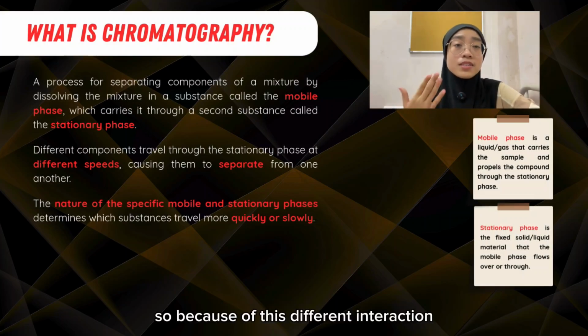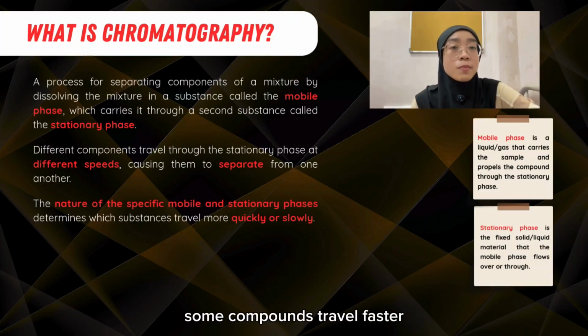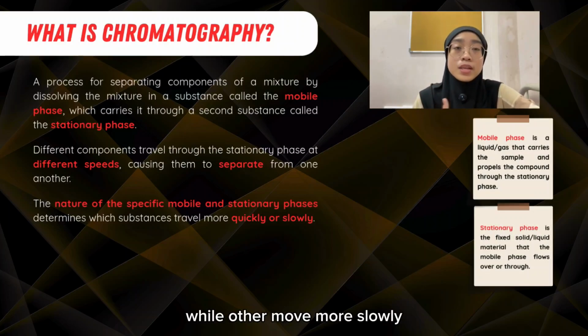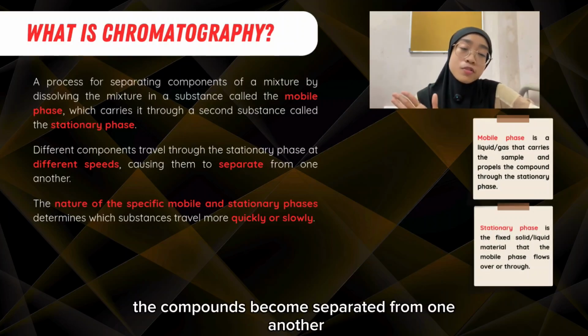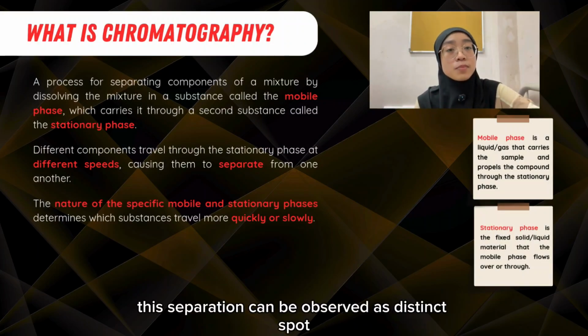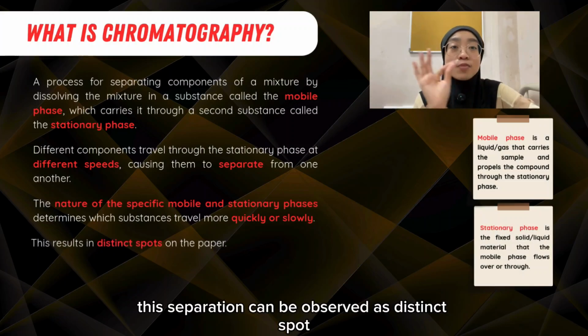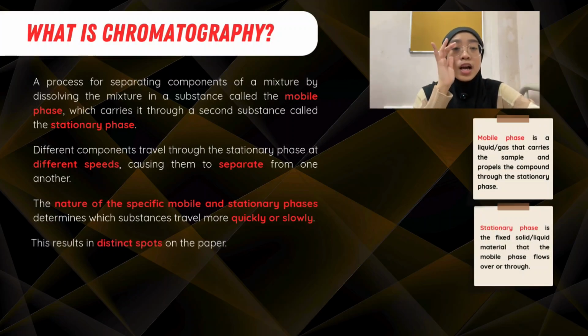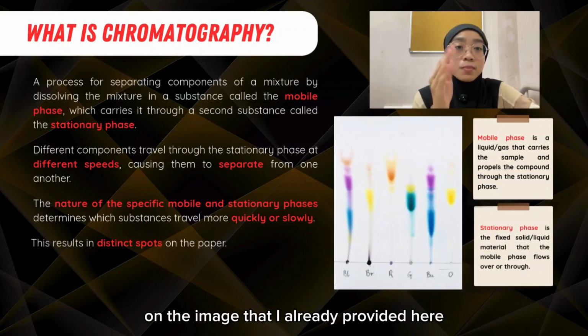Because of this different interaction, some compounds travel faster, while others move more slowly. As a result, the compounds become separated from one another. For example, in paper chromatography, this separation can be observed as distinct spots on the paper. You can see the example on the image that I already provided here.